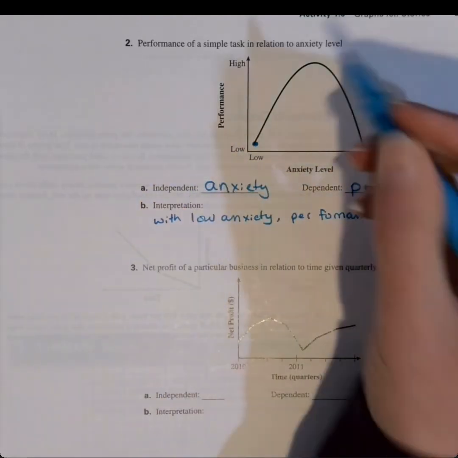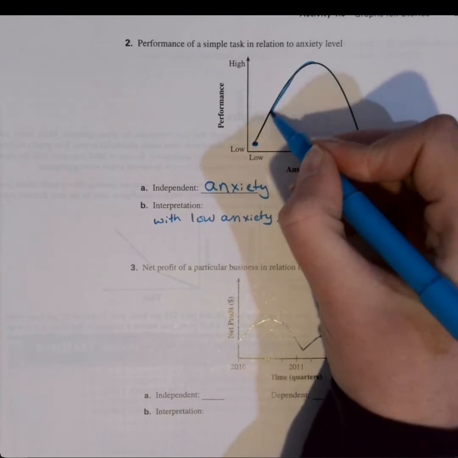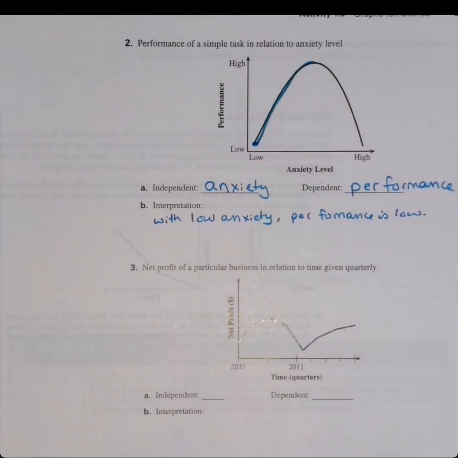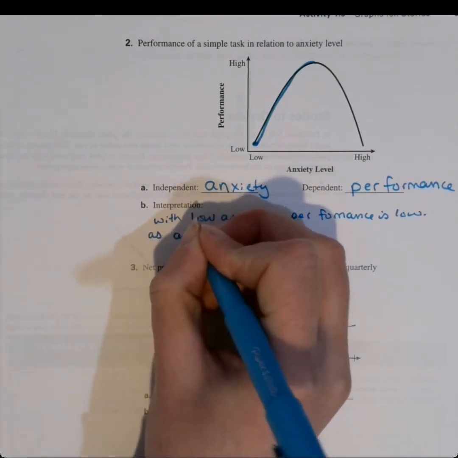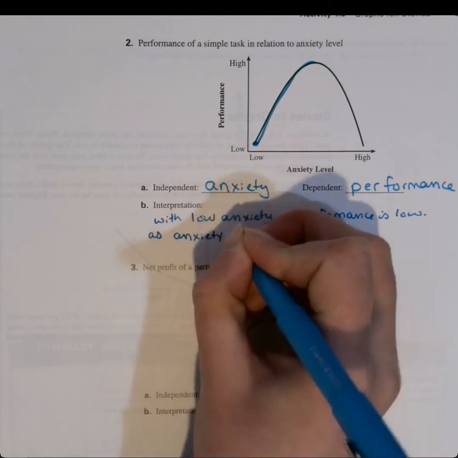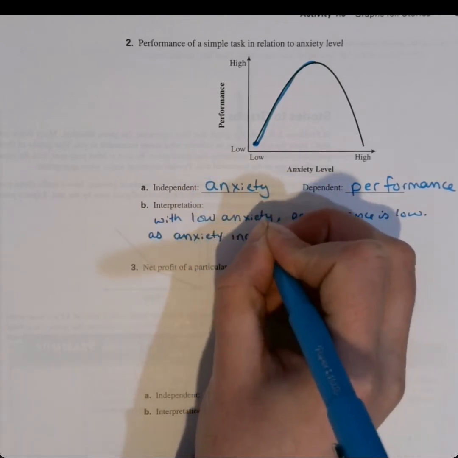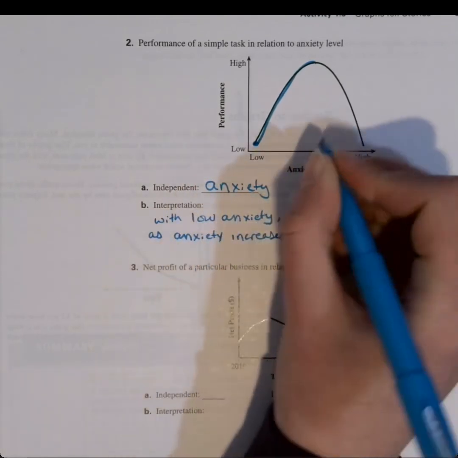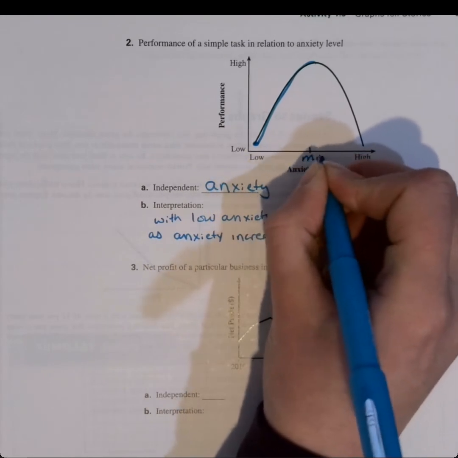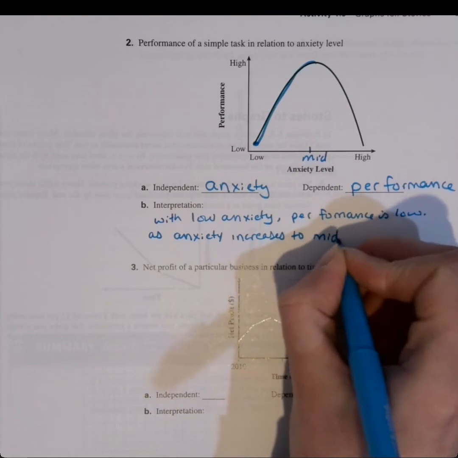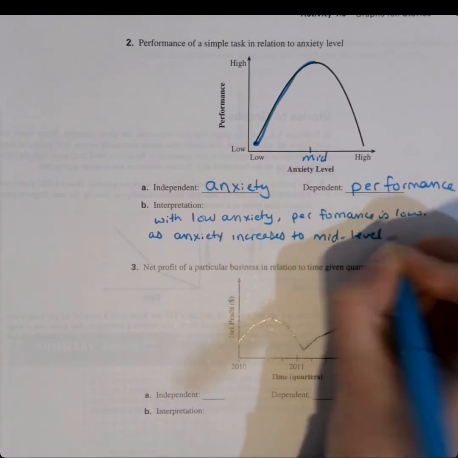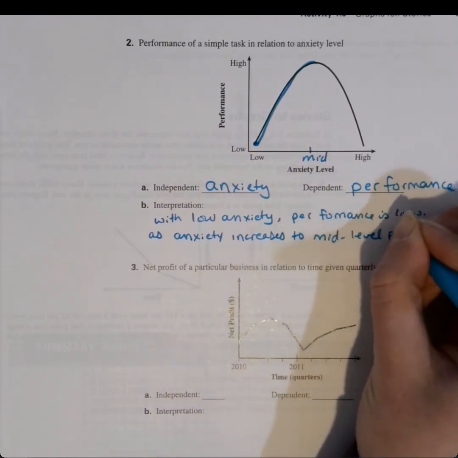And then I'm also going to indicate that as my anxiety increases to mid-level, my performance also increases. So mid is just somewhere in here. It's like the middle, right? Increases to mid-level, performance also increases.